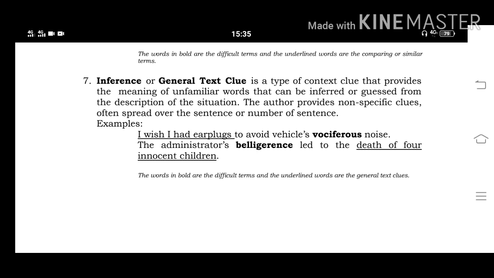Kasi gusto niyang magkaroon ng earplugs, panakip sa kanyang tenga upang hindi marinig ang maingay na tunog ng mga sasakyan. The administrator's belligerence led to the death of 4 innocent children. Okay. Ang salitang belligerence ay isang difficult term.